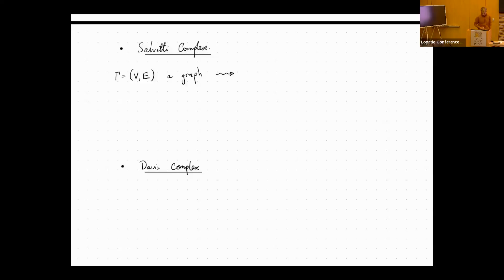Okay, so how do you build a Salvetti complex? So you take a graph. Maybe let's do an example of a graph. Here's a graph. Keep it simple. Okay, and now you build the following complex. You take one vertex.